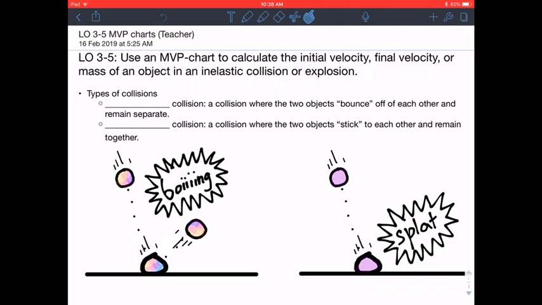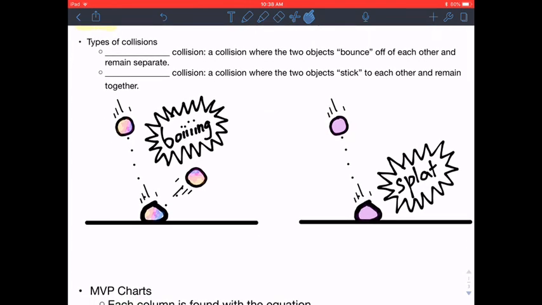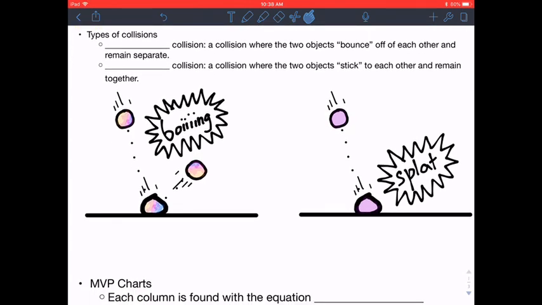So an MVP chart is a tool that we use to calculate the initial velocity, or the final velocity, or possibly the mass of an object in an inelastic collision or explosion. It can also work for an elastic collision, but just know that the learning objective only includes inelastic collisions, at least for the test. We'll do a little bit of elastic though, just to keep things spicy.